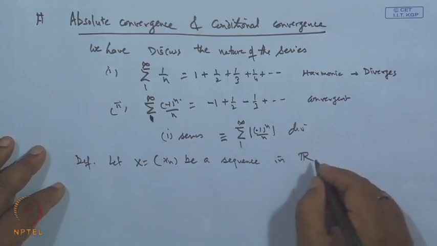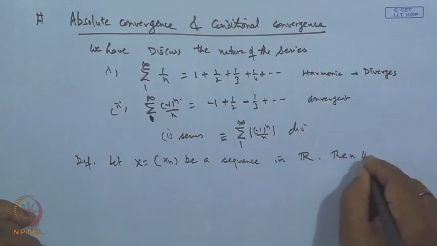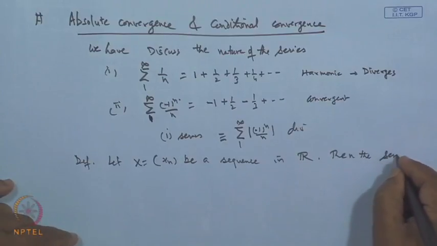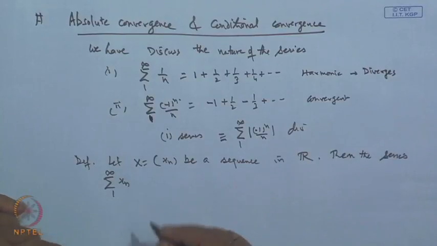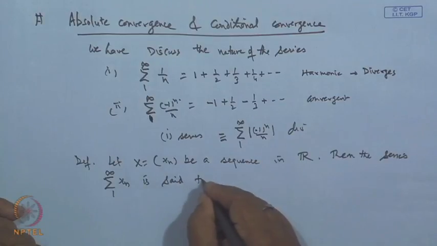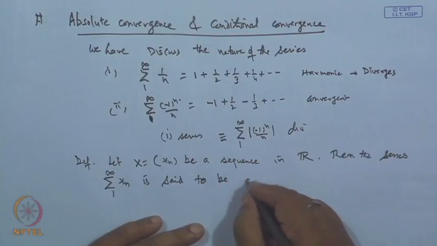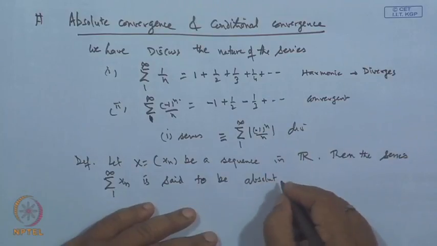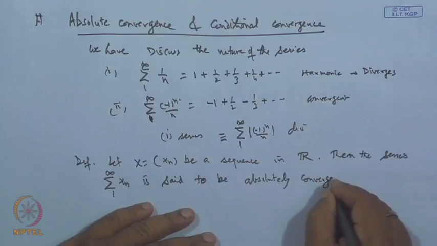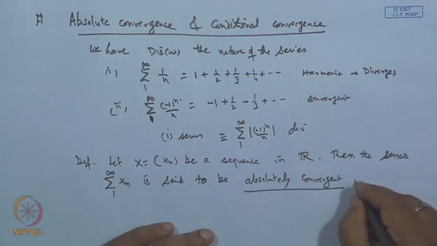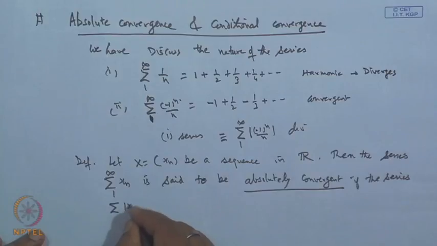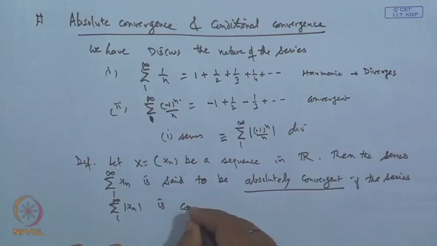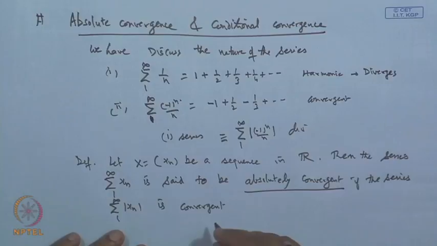Then the series sigma x_n, n from 1 to infinity, is said to be absolutely convergent if the series of its absolute terms, that is sigma of mod x_n, n from 1 to infinity, is convergent in R.